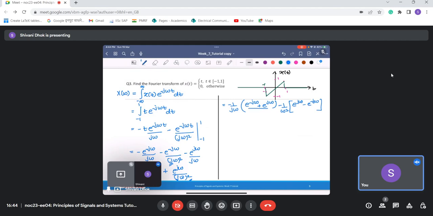Let's divide this by a factor of 2 and this by a factor of 2j, and to compensate again we'll multiply and divide by 2j.